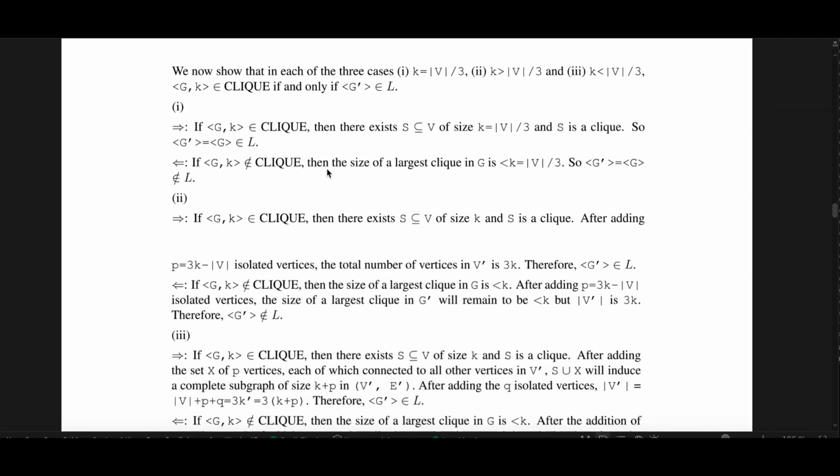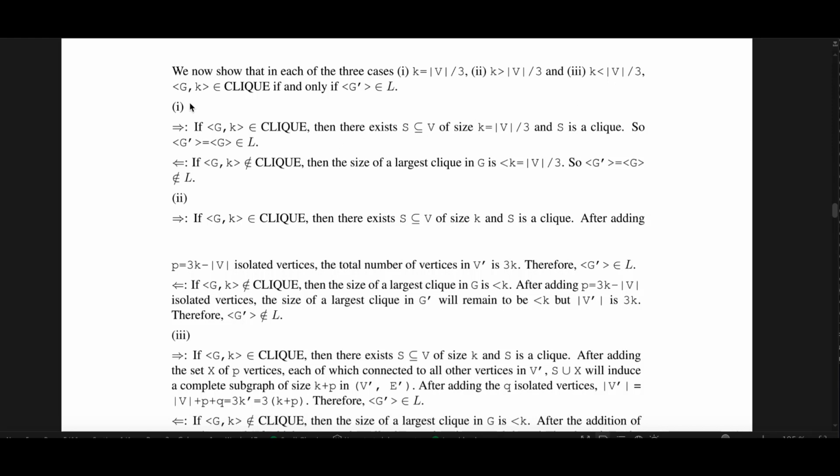We now show the proof in each of 3 cases: first, k equals the number of vertices over 3; second, k larger than the number of vertices over 3; and the third one, k smaller than the number of vertices over 3.